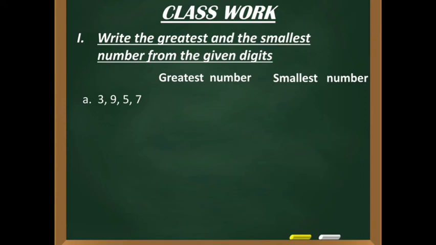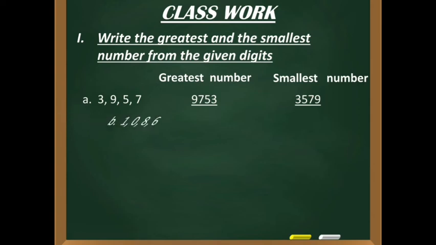To write the greatest number, first you have to write the big digit in thousands place. So 9, after that what is the biggest digit? 7, 5 and 3. So the greatest number is 9753. And the smallest number is 3579, that is from small digit to big digit.